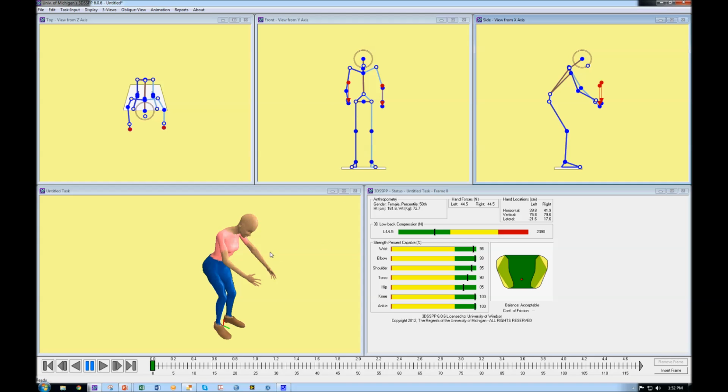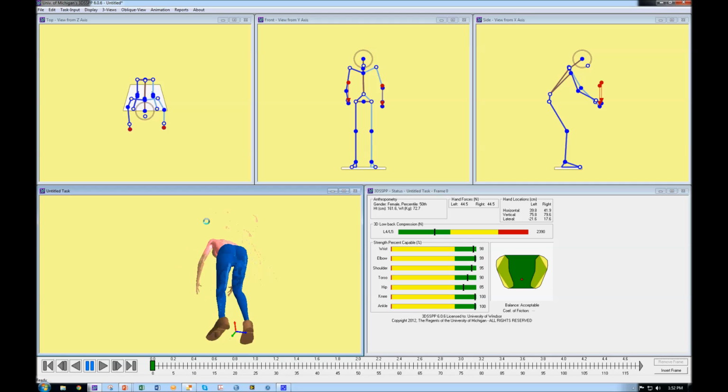The other thing is if you want to look at the different views associated with this mannequin, the three-dimensional mannequin down here, you'll have to hold the control button down while you left click, and you can spin that mannequin around so that you can make sure that you are in the proper position to see what you're trying to manipulate.